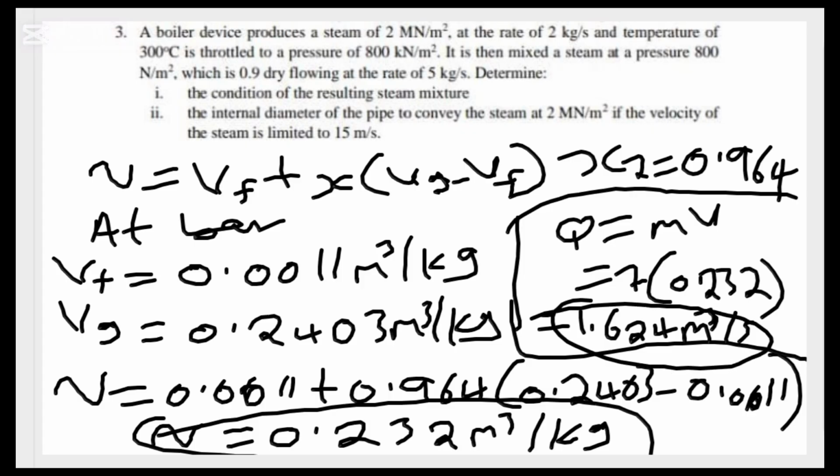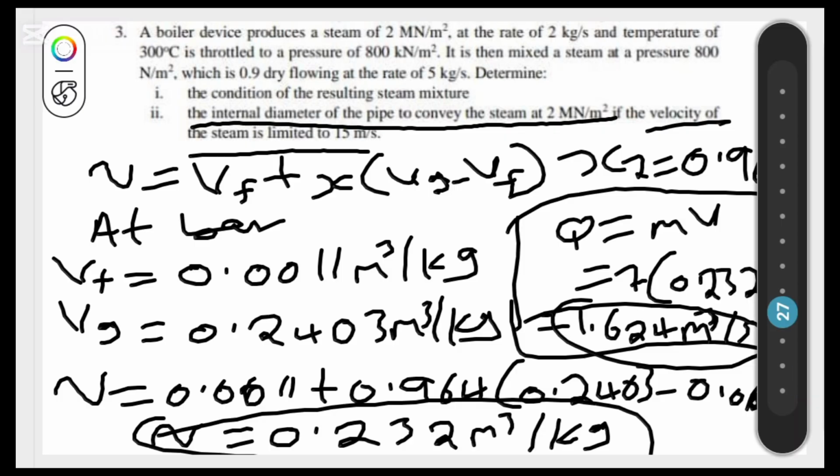You have to take note that the question says the internal diameter of the pipe. If the velocity of the steam is 15 meter per second, it means we are given the velocity of 15 meter per second. So maybe the question is showing that I can find my area, or let me see, the diameter.